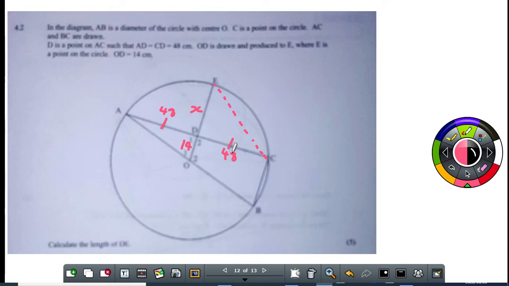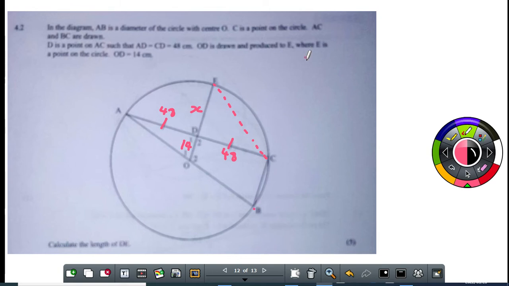Furthermore, now if you look at it here, OE is a radius, OA is a radius, OB is a radius. So it will be much better, based on this question here, to calculate the length of the radius. In actual fact, that's the easiest way.